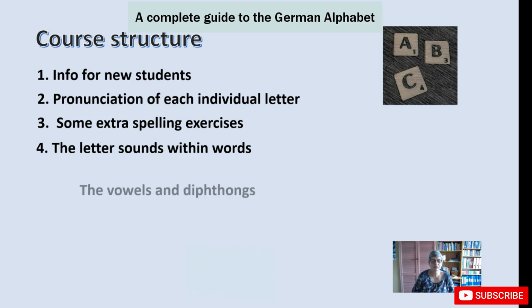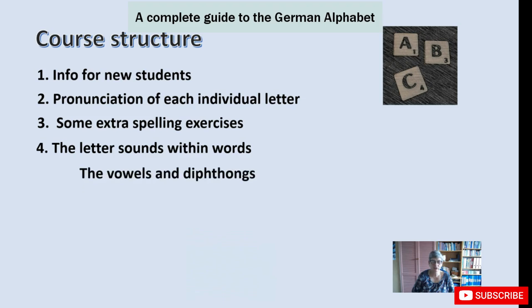And then in section 4, we look at the letter sounds within words. And the first part is the vowels and the diphthongs. So we look at A, E, I, O, U, and some combinations like AI, EI, IE, AU. Can't remember which of the other ones are. So you'll get all those. And the consonants plus any combination.